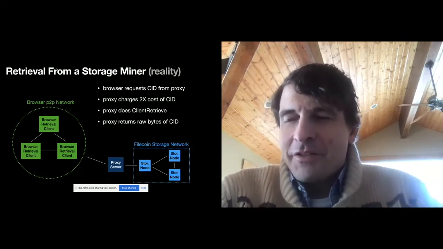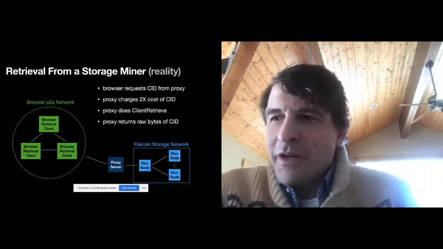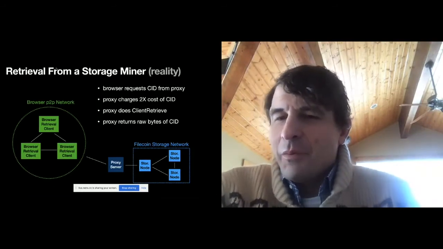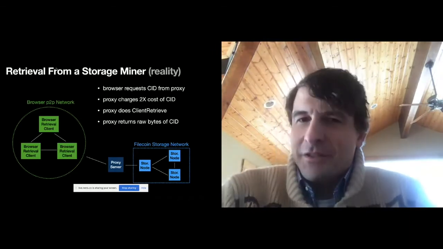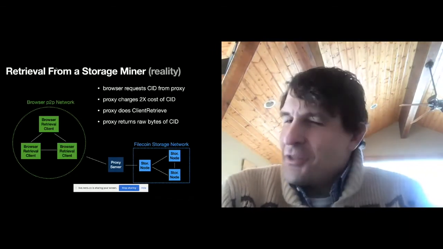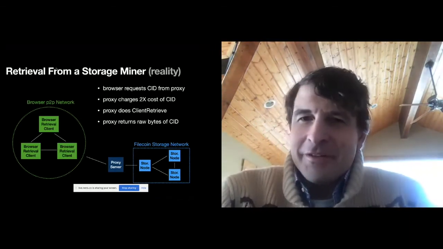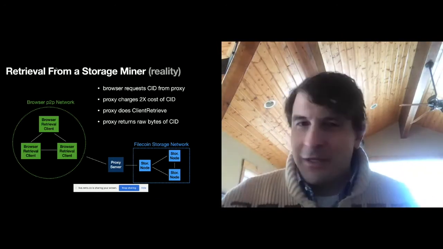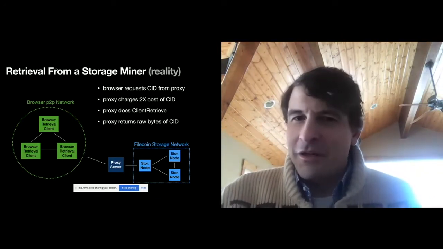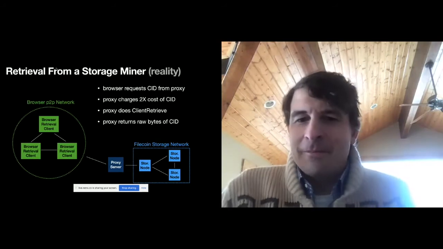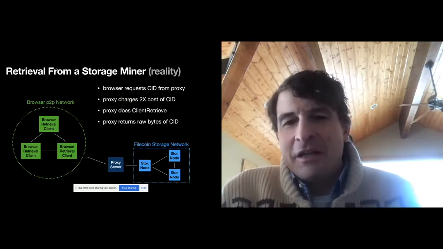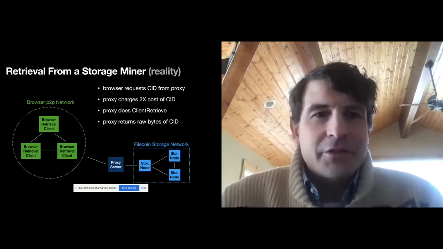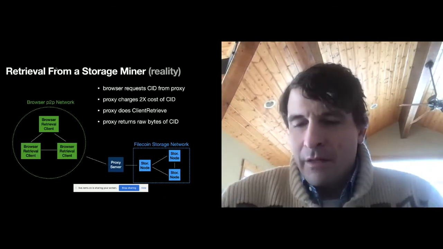They pay the proxy server two times the price of retrieving what we estimate to be the price of retrieving that CID they're requesting. And then it's a best efforts thing, and there are no refunds. So in other words, we do the best we can. It's open source code. We're not trying to rip people off, but this is very much not an ideal solution. It's just a stopgap until we can get some of those better solutions working.